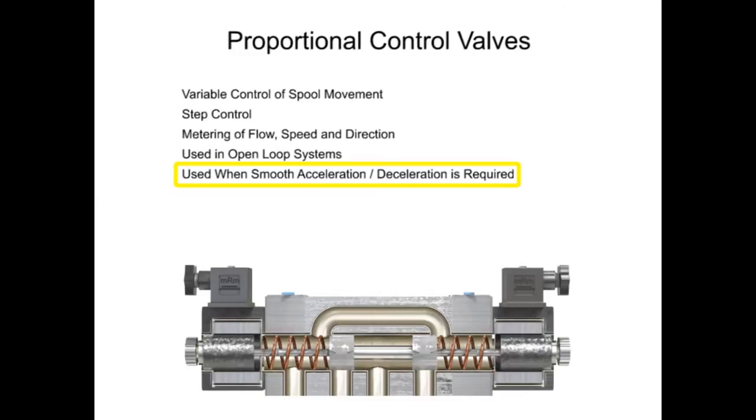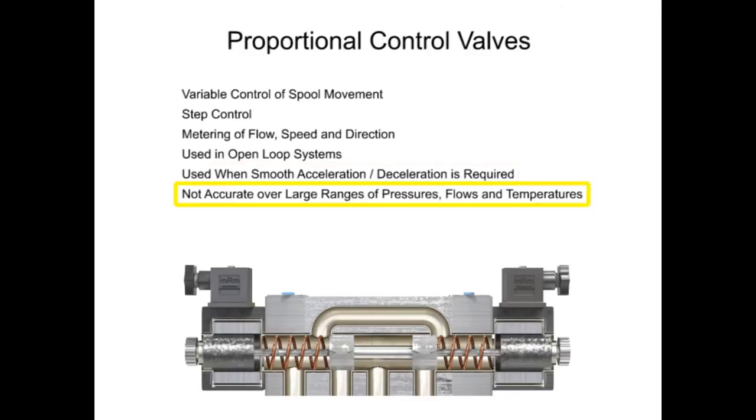The proportional control valve allows for a simpler hydraulic circuit, but it is not accurate over a broad range of pressures, flows, and temperatures. Neither are they highly responsive. Proportional valves offer a variety of machine cycles, which can safely be operated at greater speeds and result in improved machine cycle times and production rates.